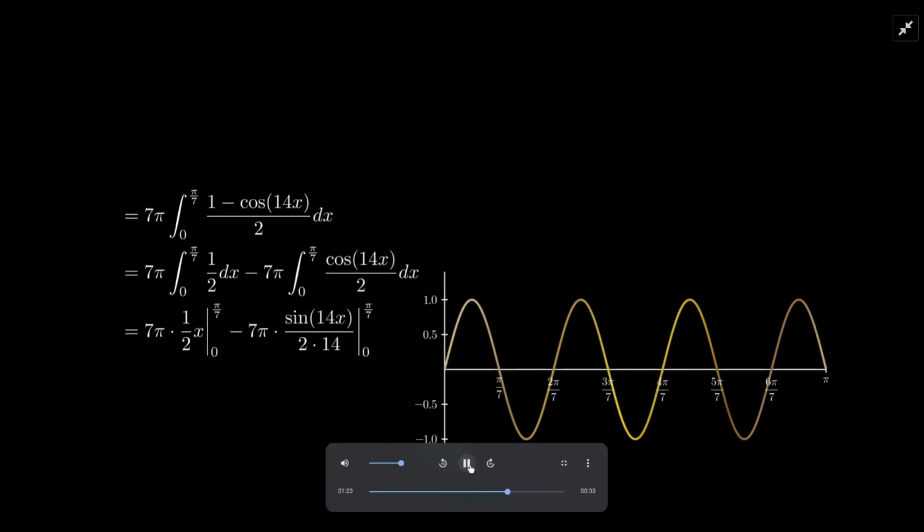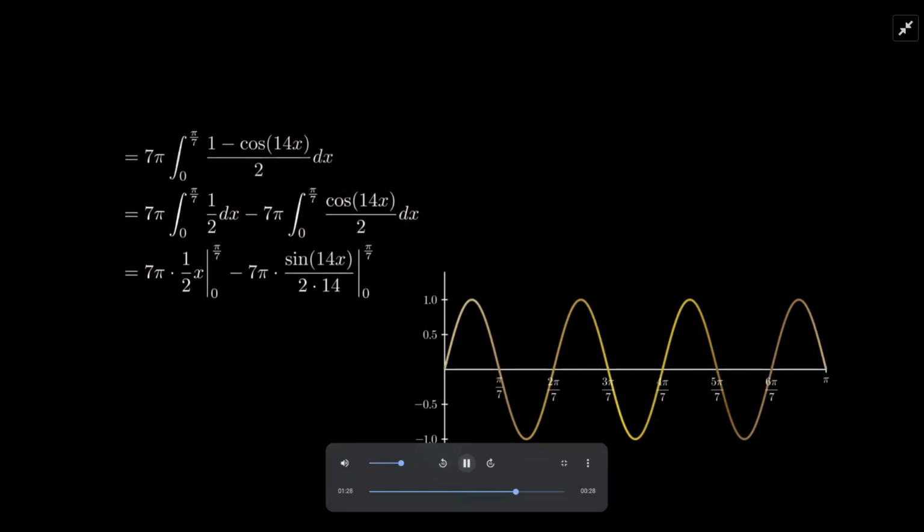All right, and we've got to just evaluate this. And one thing to notice here is that at 0, okay, the first piece 1/2 x is 0. Second piece also 0 because sine of 0 is 0. Okay, so now we only have to evaluate at pi over 7. So next step, I'm going to factor out the 7 pi, and we put in pi over 7, and we get that.